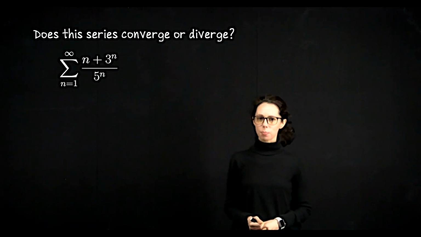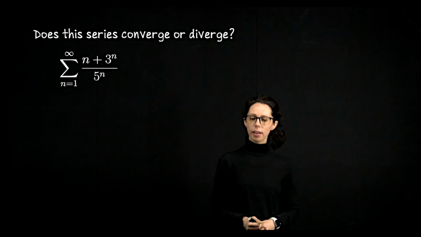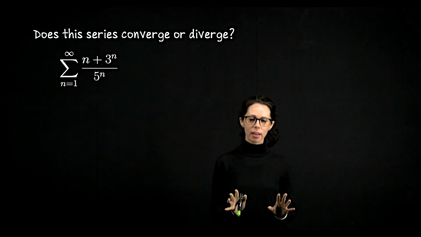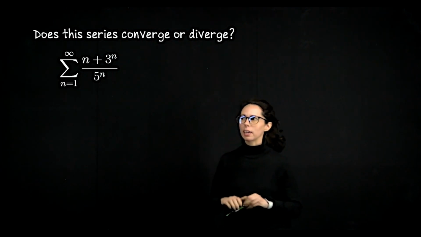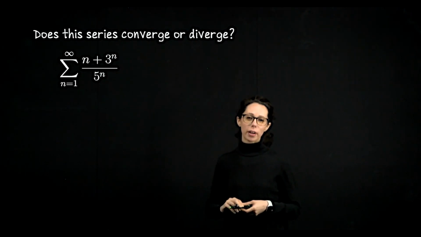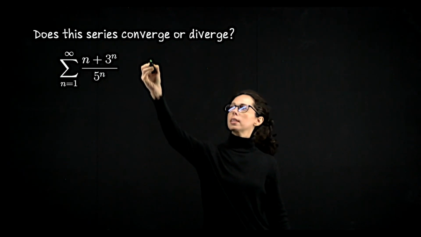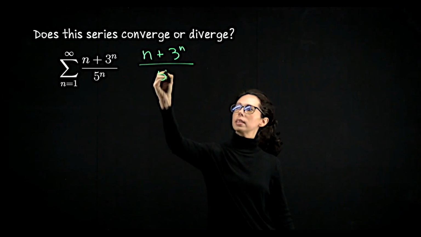Now let's look at this example where the series terms look like n plus 3 to the n over 5 to the n. Let me first set up a comparison which is not a good one, and then we'll switch to a good comparison. So your first attempt might be to say, hey, let's knock off that n from the numerator because 3 to the n and 5 to the n look like geometric series. So you could say n plus 3 to the n divided by 5 to the n.